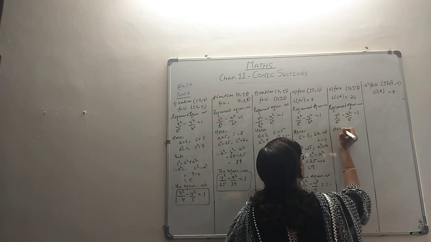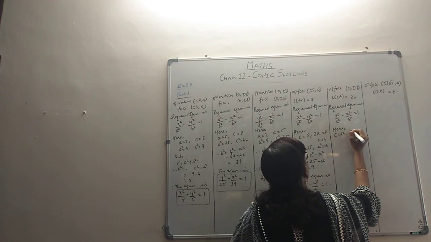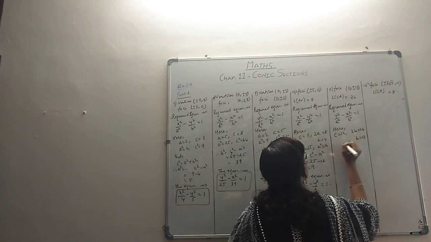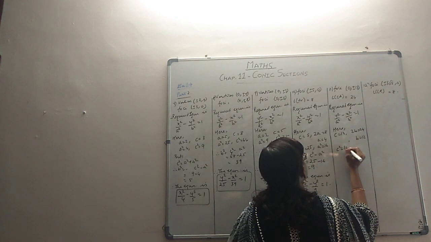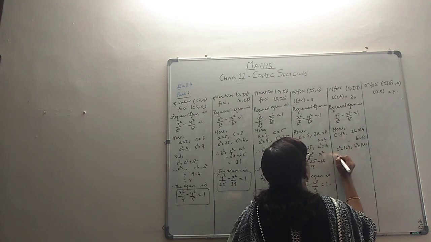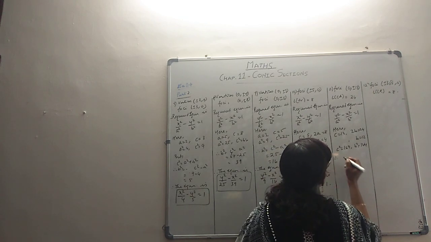And what all happens here? Here we have c becoming 13 and 2b becoming 24. So b becoming 12. So c squared becoming 169 and b squared becoming 144. So therefore, a we require.